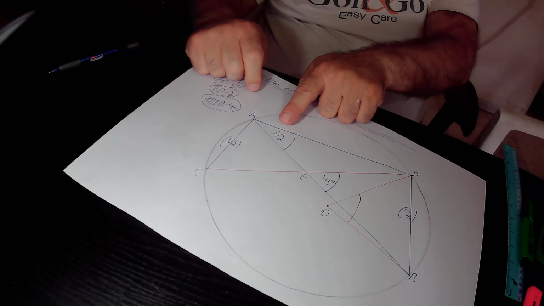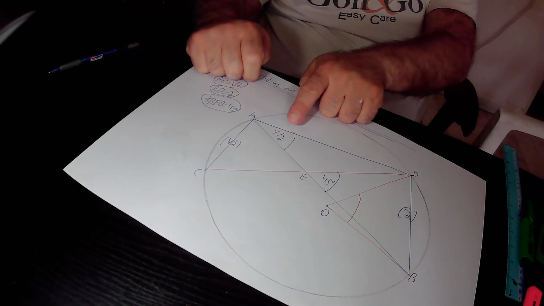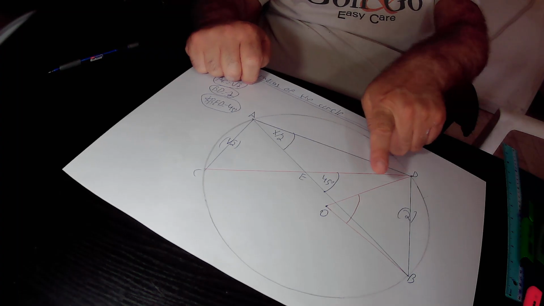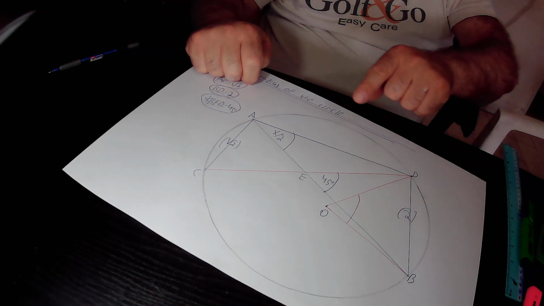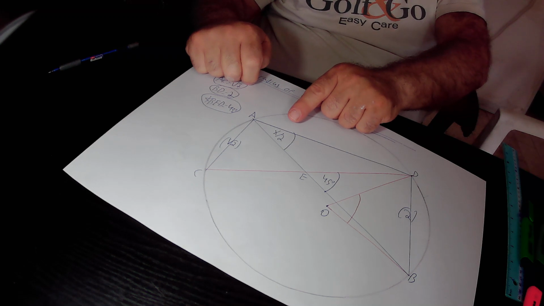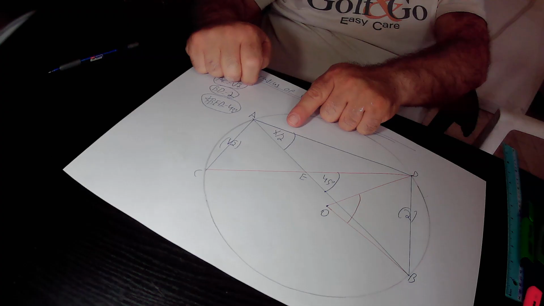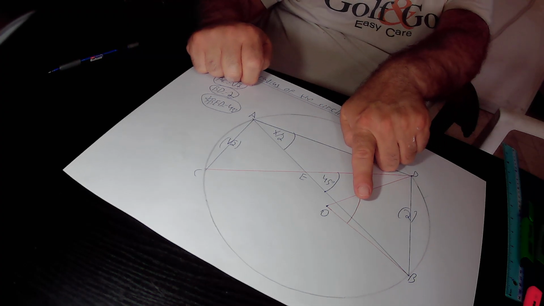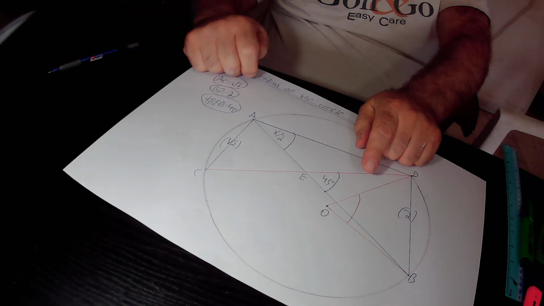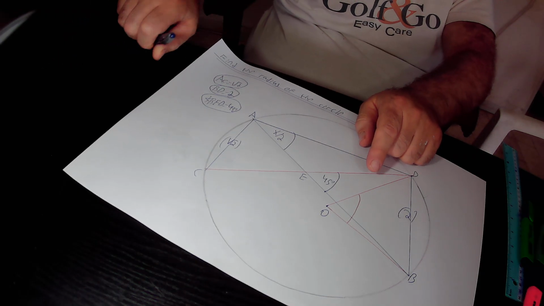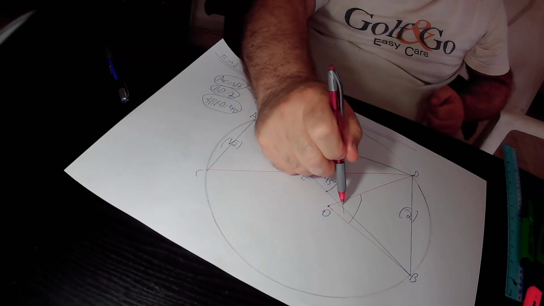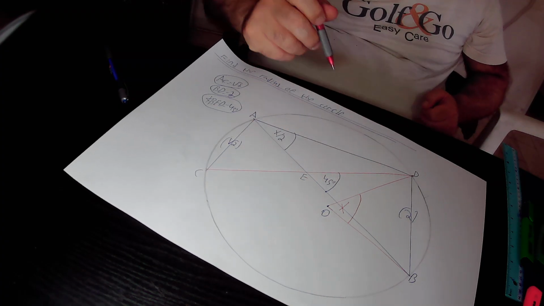The size of this peripheral angle DAB is x over 2, and therefore the size of this central angle DOB that is subtended on the same chord DB will be twice as large as the size of this peripheral angle DAB. The size of this peripheral angle is x over 2, and therefore the size of this central angle DOB will be equal to x over 2 times 2, that is x. According to rule 13, of course.